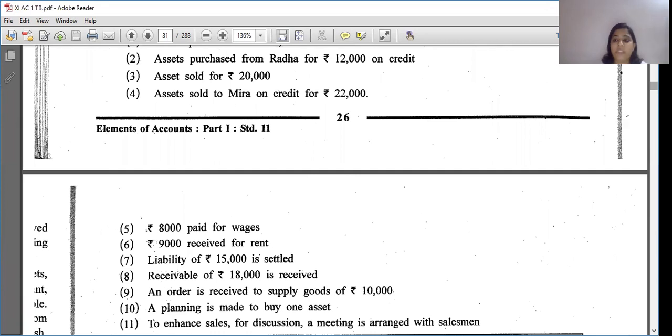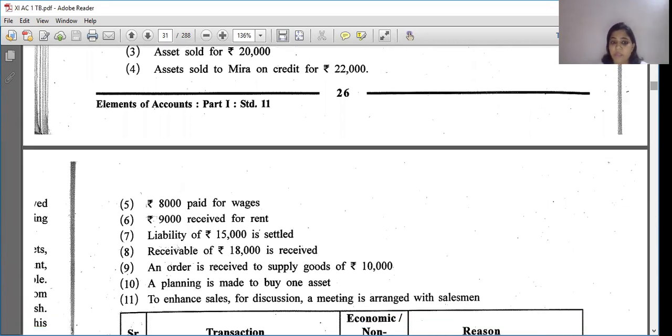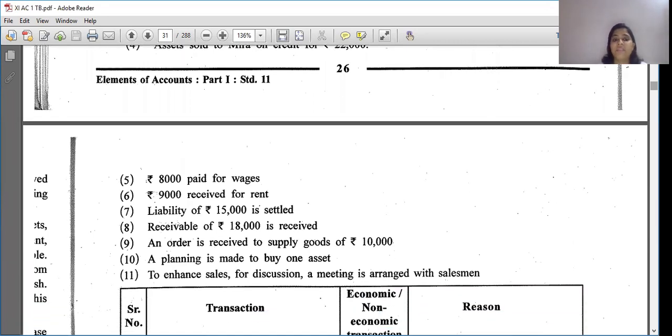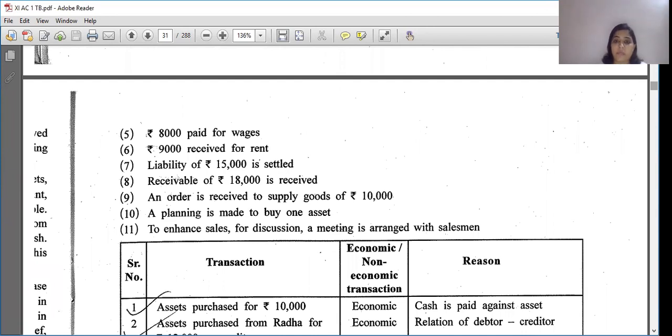8,000 paid for wages. So we had paid. Whatever is paid, it is an economic transaction. See, I underline certain words. Through this, you can easily confirm whether it is an economic transaction or non-economic. See, whenever the word paid is there, it means you had paid cash.